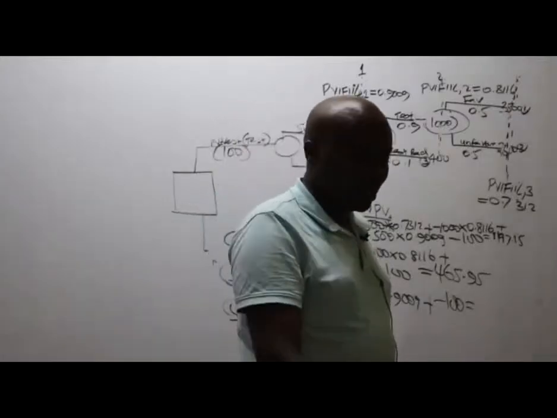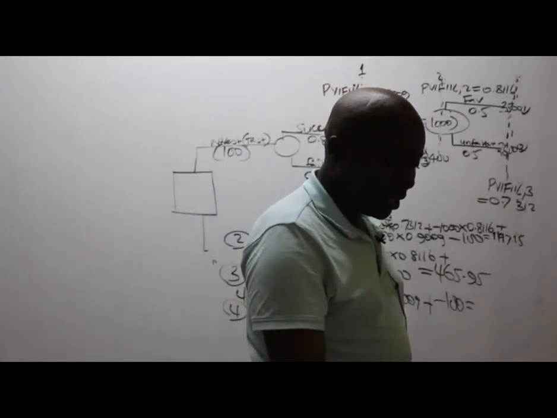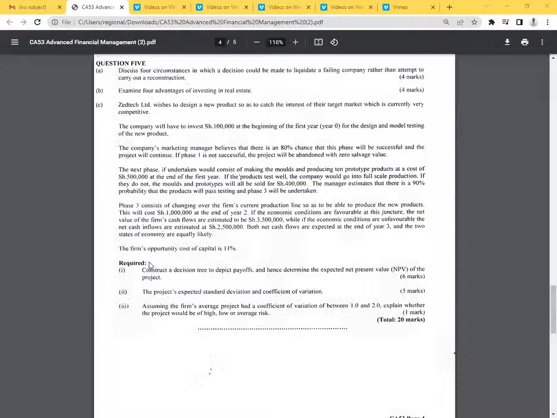If the economic conditions are favorable, the net value of the firm's cash flows is estimated to be 3.5 million, while if the economic conditions are unfavorable, the net cash inflows are estimated at 2.5 million. Both net cash flows are expected at the end of year 3, and the 2 states of economy are equally likely.